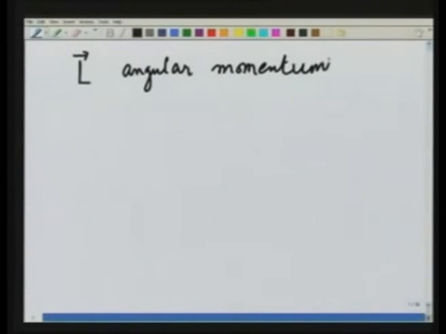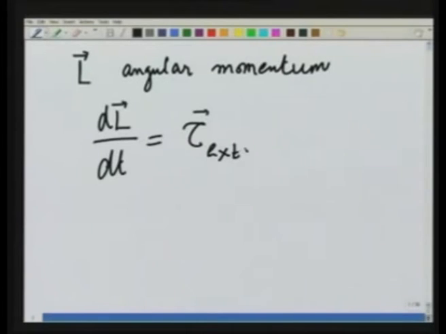In the previous lecture, we established that for a system of particles, we can work with angular momentum, and the angular momentum satisfies the condition that its rate of change is equal to the torque which is applied externally on a system of particles.